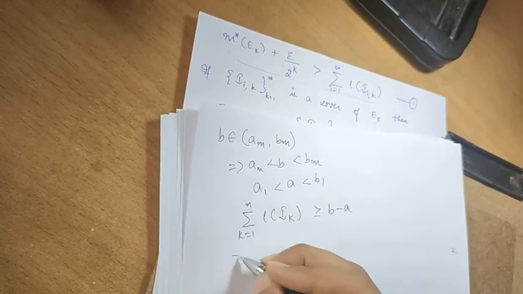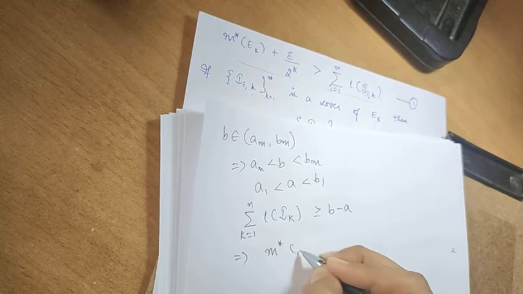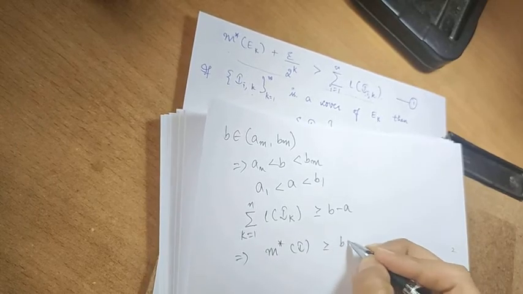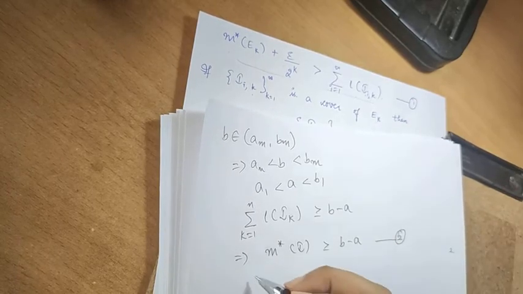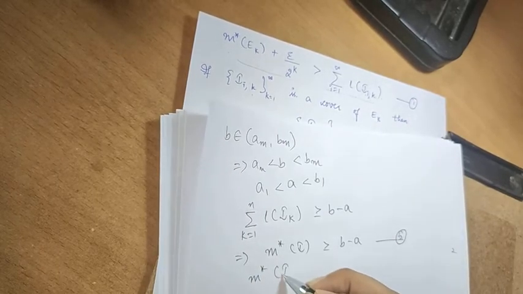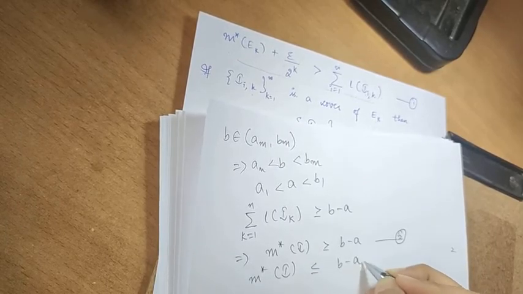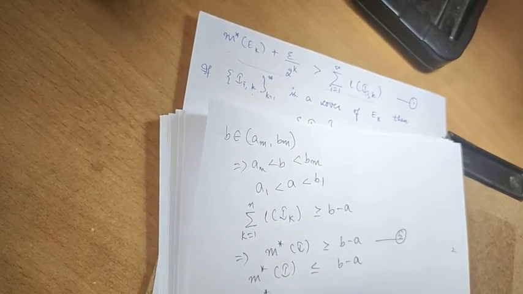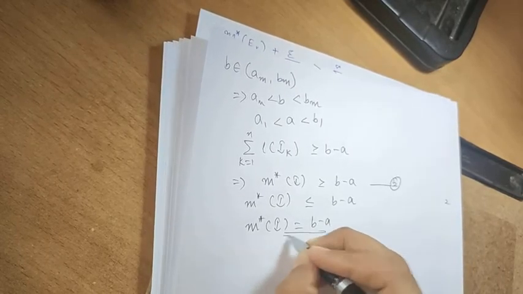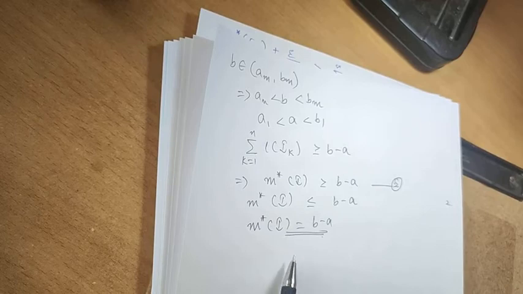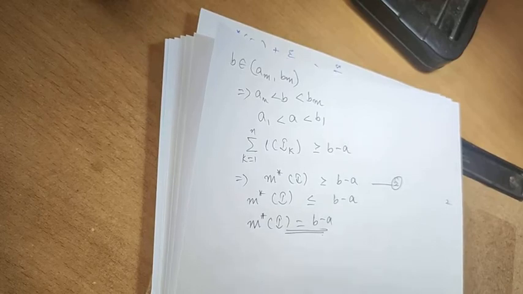So this is nothing but m star of I is greater than or equal to b minus a. This is equation number 2. Initially we proved that m star of I is less than or equal to b minus a. From these two I can conclude that m star of I is equal to b minus a. So this is in the case of closed and bounded intervals. You should remember the statement of the Heine-Borel theorem and you should implement that statement in your proof.